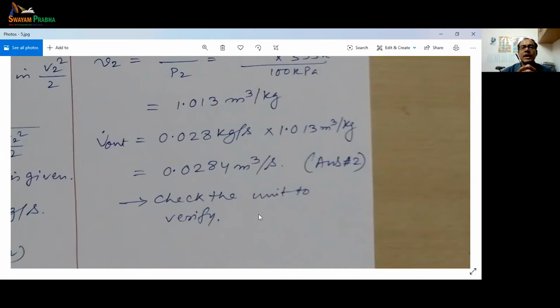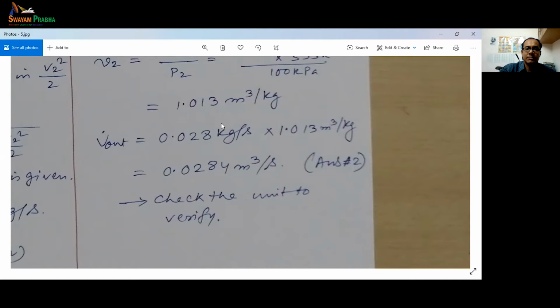Then you will get an insight whether the units are getting cancelled out, whether they are matching with the quantity that you are after. So here you can see that volume flow rate is expected to be in meter cube per second, right? Or some length cube per time unit. So here the meter cube per second unit is coming automatically, and you can see that from this equation.